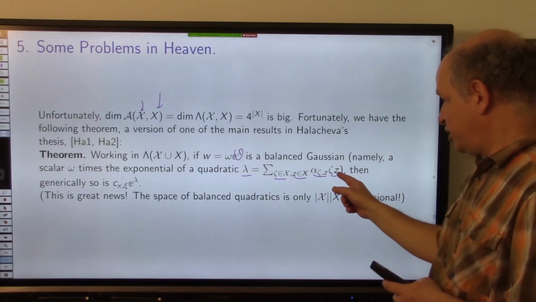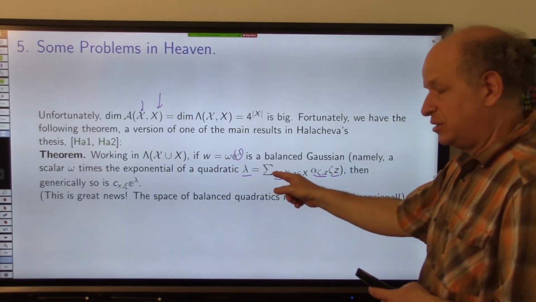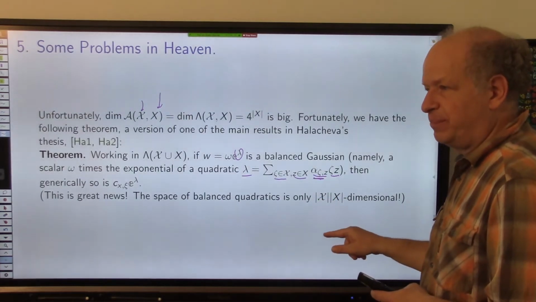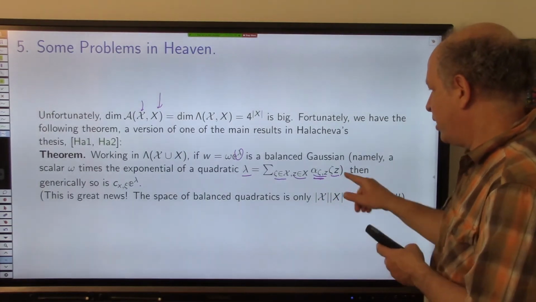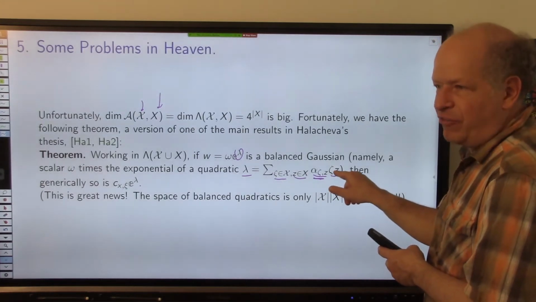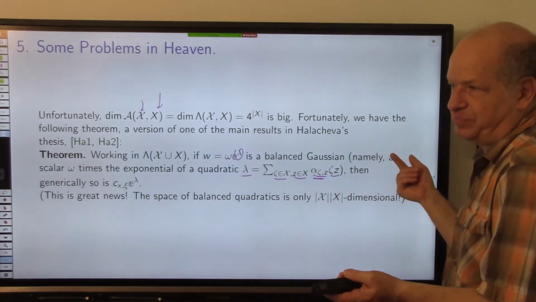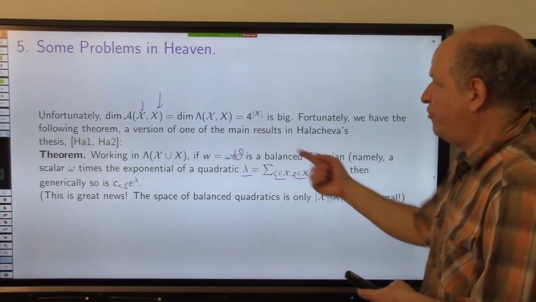So basically this is a quadratic with coefficients which are scalars, and it's a balanced quadratic. Every term in this quadratic is half Greek, half Latin.